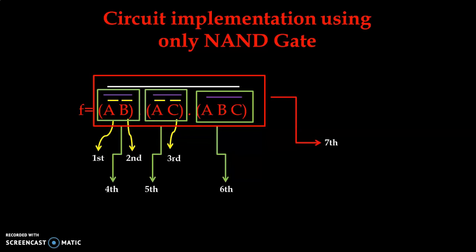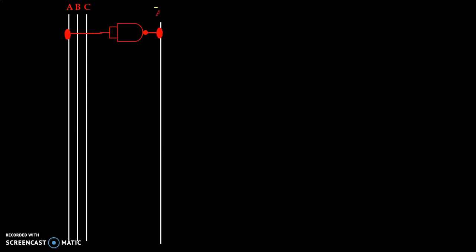So as per this Boolean function, we have to use a total of 7 NAND gates when we implement the logic circuit using only NAND gates. Now let us implement our logic circuit. We have input A, input B, input C. We use the first NAND gate as a NOT gate, and then we have A bar.